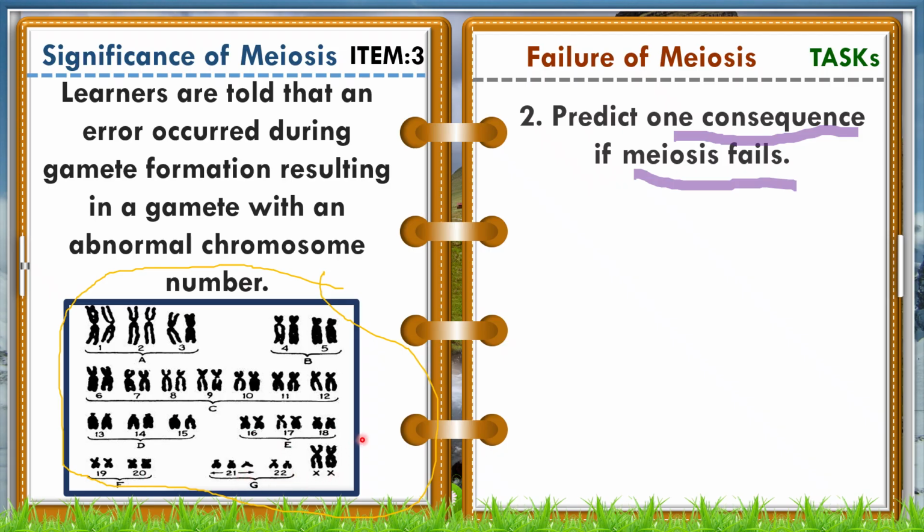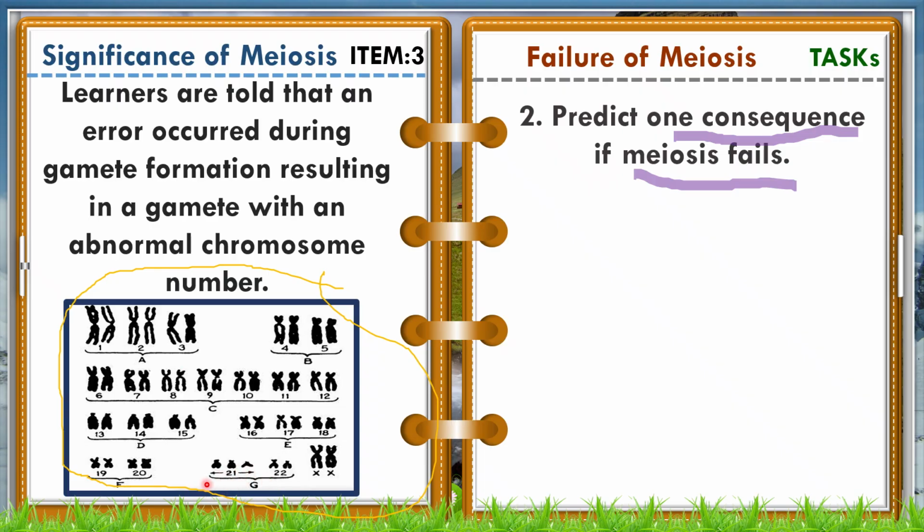There are supposed to be 23 pairs of homologous chromosomes, which sums up to a total of 46 chromosomes.